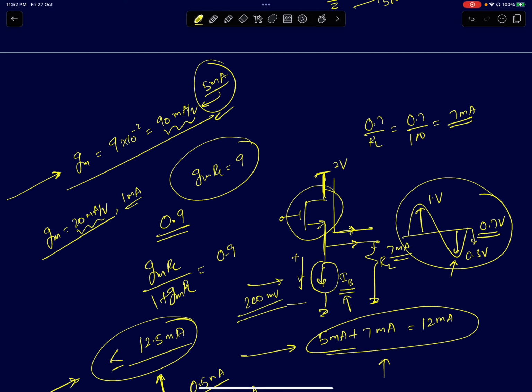So 0.7 can be made 0.65, and I can save some power. If I go from 0.7 to 0.6, I will be saving the DC power by more than a milliamp. So that will be a decent saving. These are some points to keep in mind.